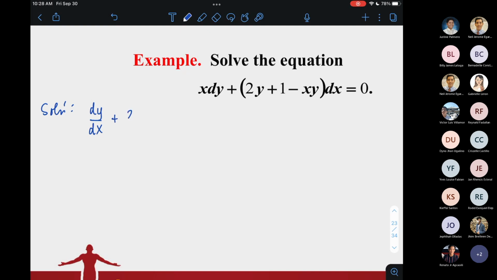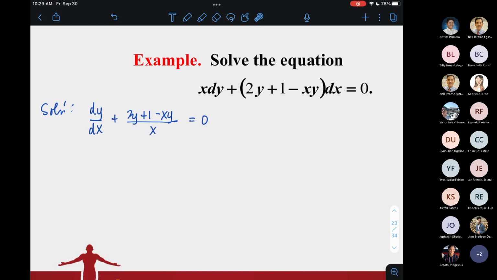Tapos we'll have 2y plus 1 minus xy over x dx. Pero na-divide ko by dx, so maging equal kay 0. Alright? So this is derived by dividing both sides by x dx so that dy over dx becomes isolated as the first term. Yun yung gusto natin.